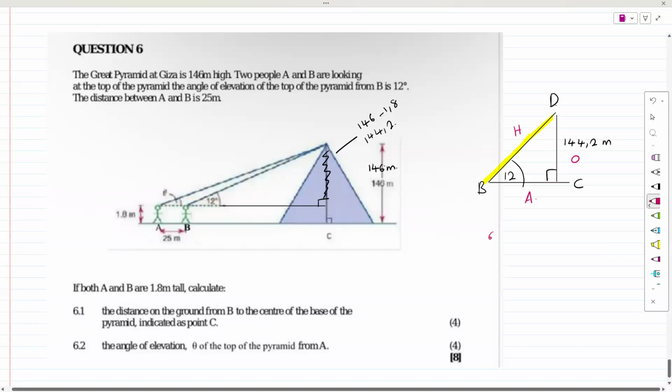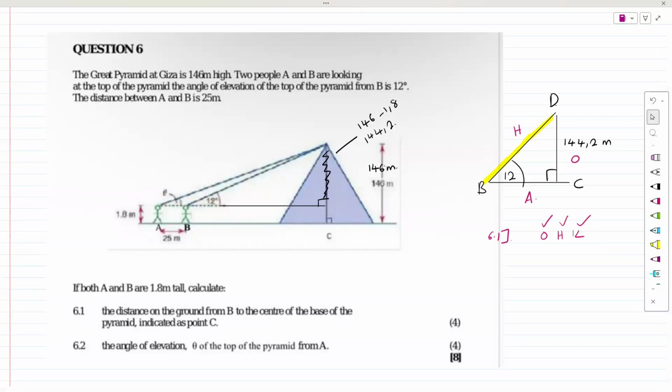So let's work with 6.1. We have the opposite, we want the hypotenuse, and we have the angle. In terms of SOHCAHTOA, oh, the distance on the ground. Sorry guys, they want the distance on the ground, so they want the adjacent.